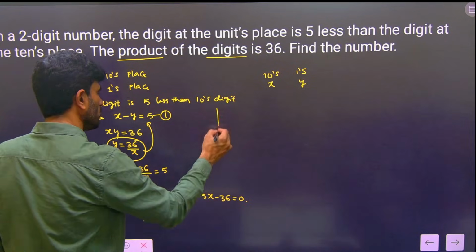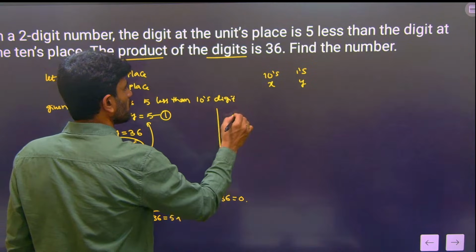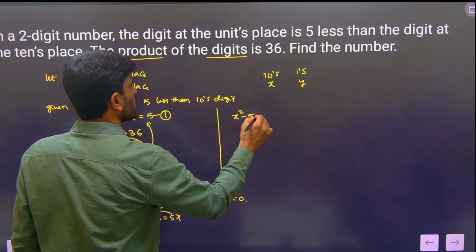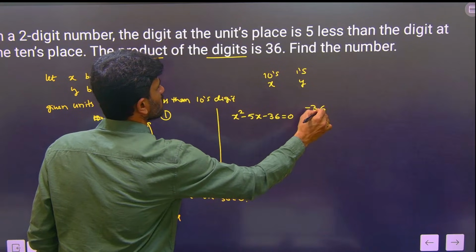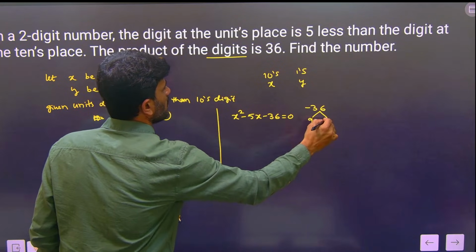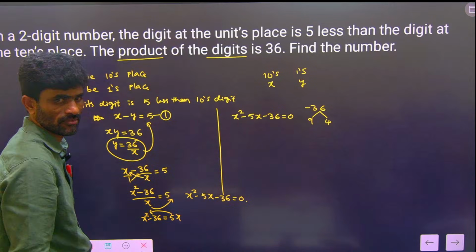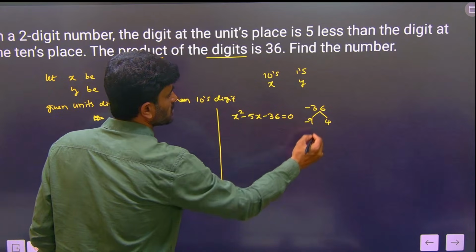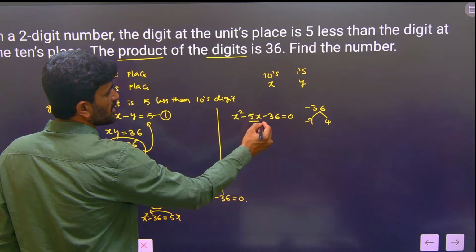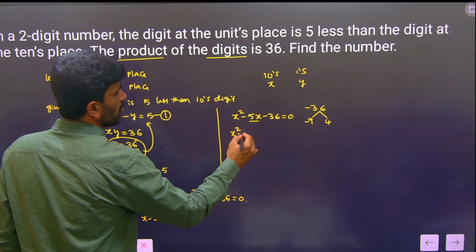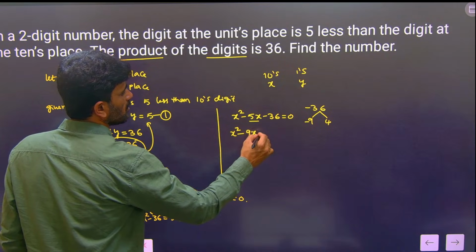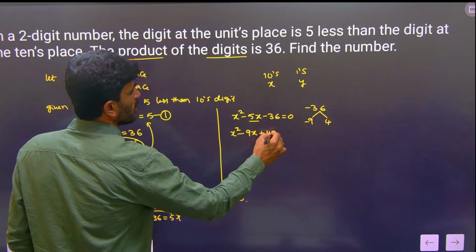Now splitting the middle term. X square minus 5x minus 36 is equal to 0. Factors of minus 36 we have to find. 9 and 4. Minus 36 we want, so minus 9 plus 4 because we want minus 5 here. So x square minus 9x plus 4x.